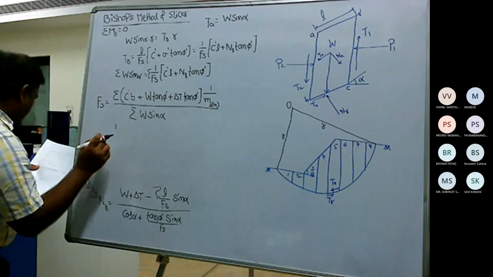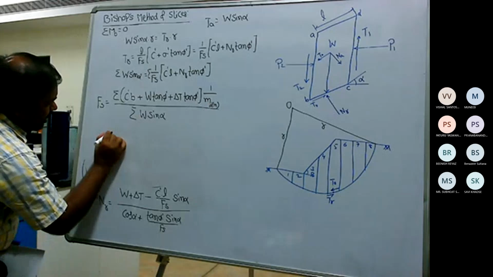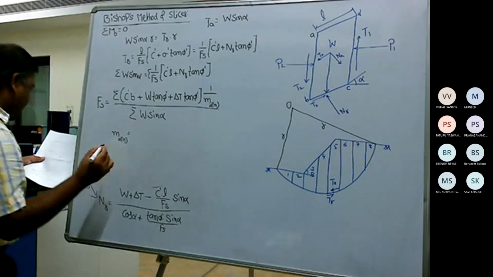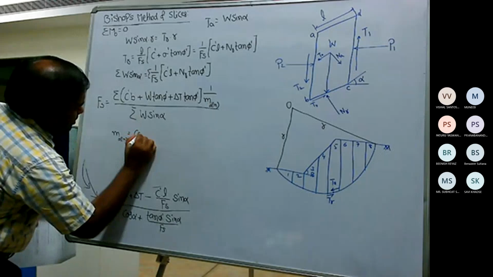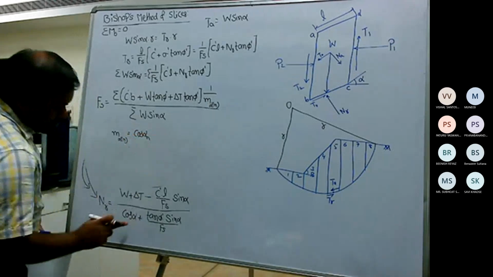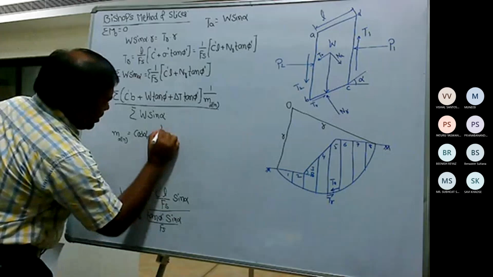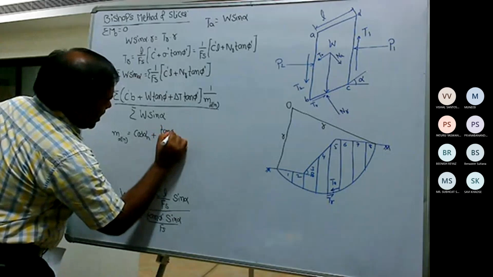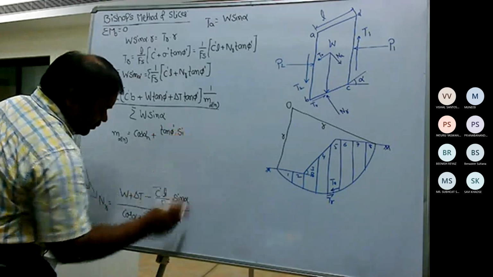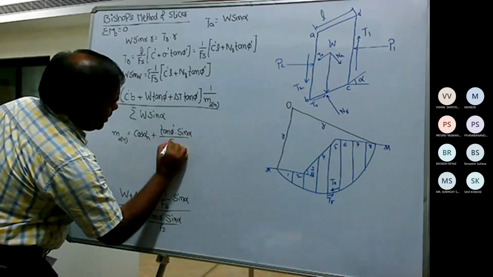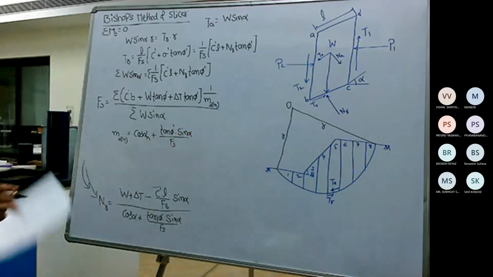Where m alpha n is nothing but cos alpha n plus tan phi dash into sin alpha divided by Fs.